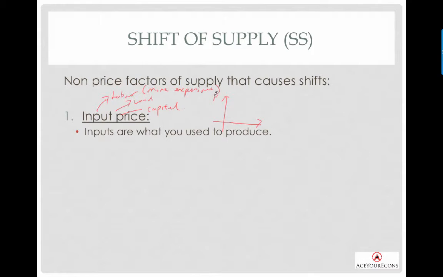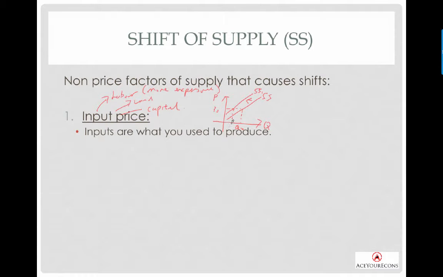I'm going to go through with you how to make sense of this. This is your original supply curve, and this is your original price and output combination. When labor becomes more expensive, your supply curve will shift to the left.